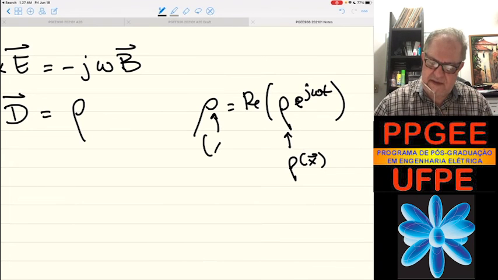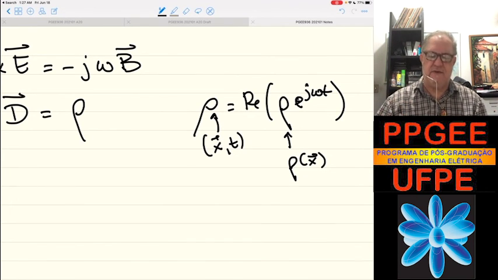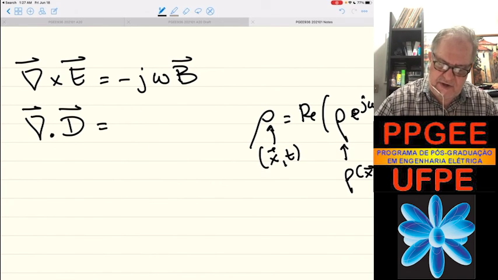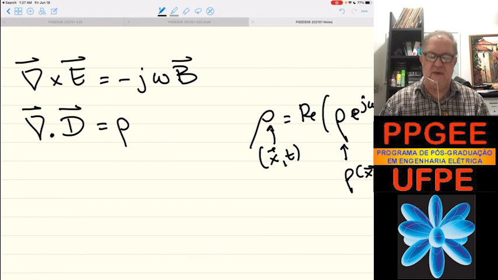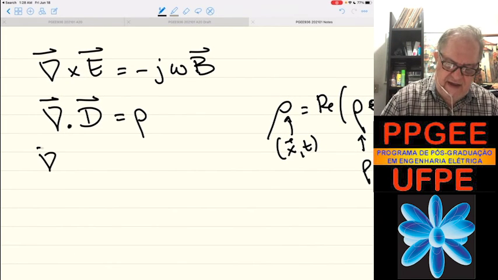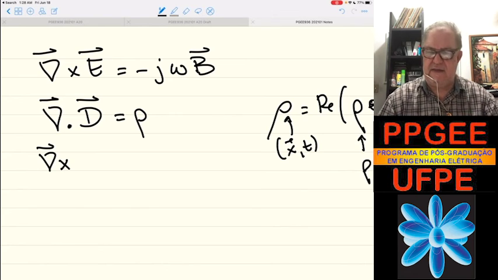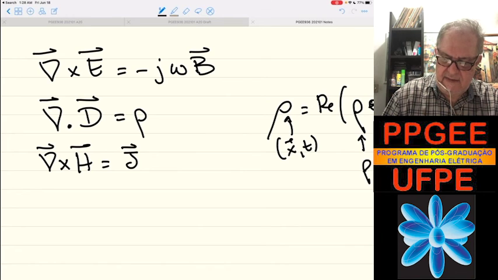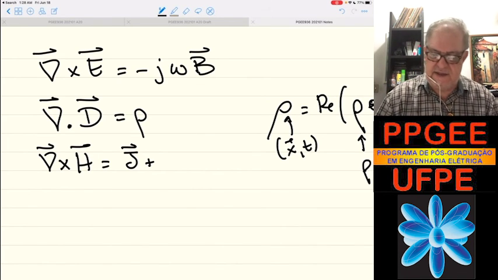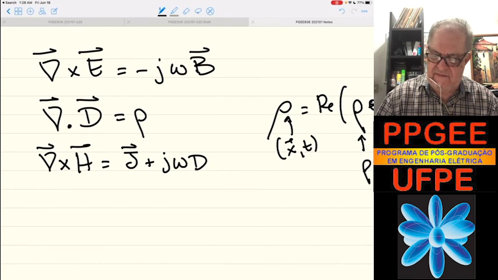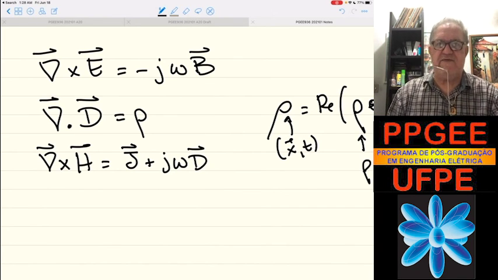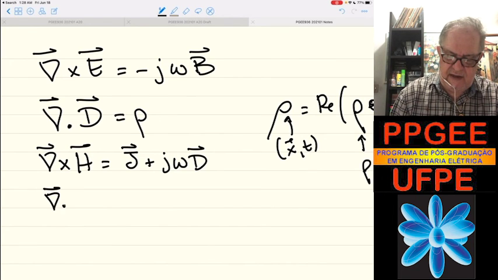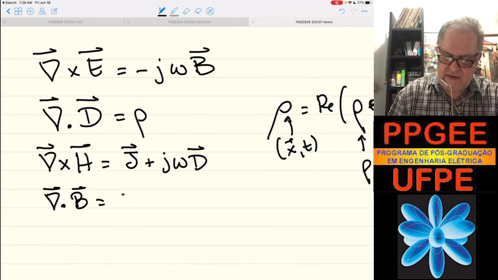This is a function of space and time. So we have a change in notation here. Let's make a nice straight rho here. Free charge density, which is a function of x only. Curl of H, dependent on the coordinates, equals J plus, well, d/dt is j omega, D phasor, complex vector. And finally, divergence of B equals 0.